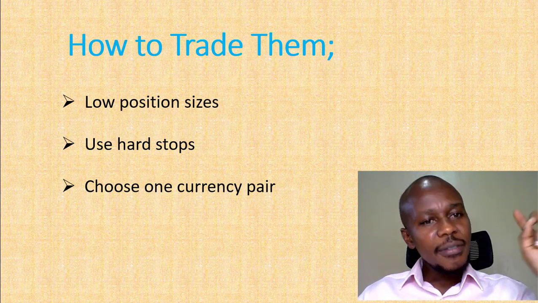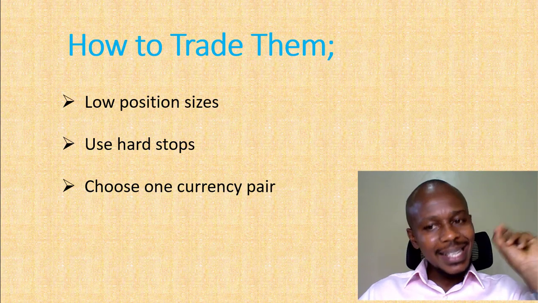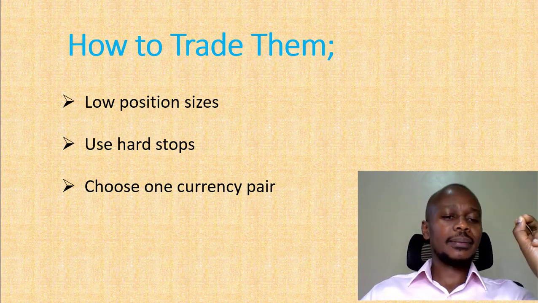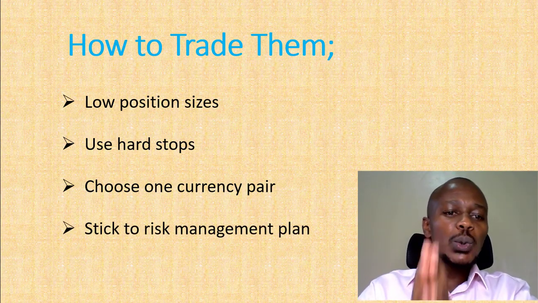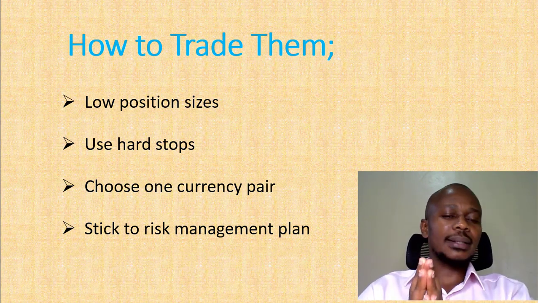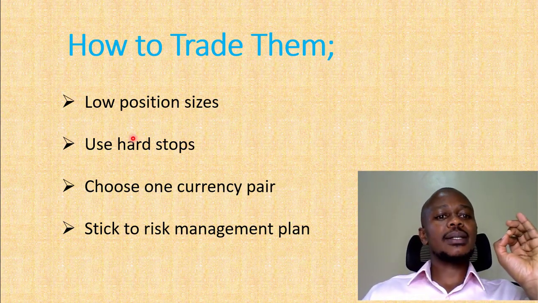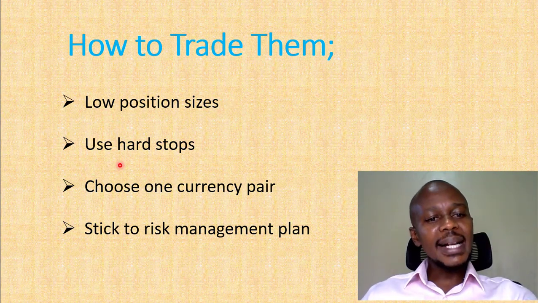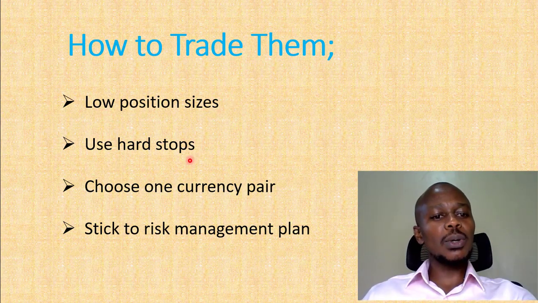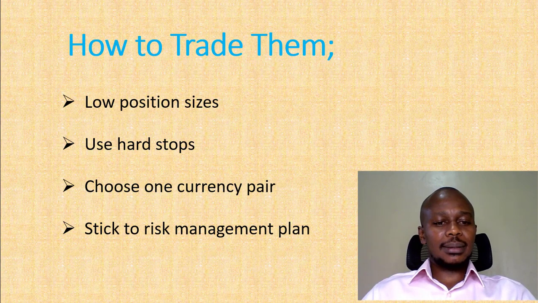And the fourth and the most important strategy you need to work with is stick to your risk management plan. If your plan is to lose up to 5% whenever you take a position, stick to that. And if you look at these top 3 points you have looked at, low position size, hard stops, or predefined stop losses, working with one currency pair, that in itself is a way to manage your risk.